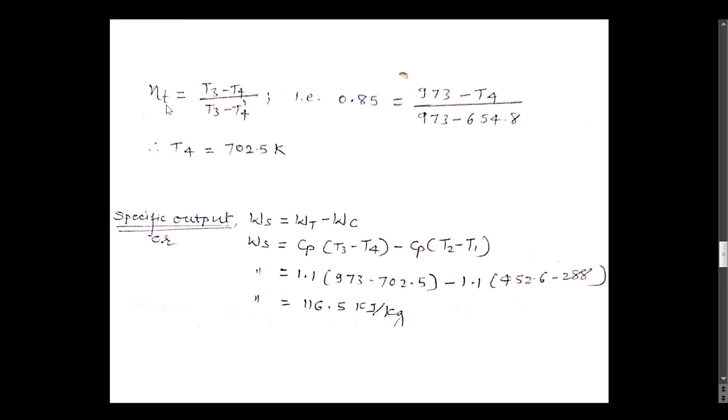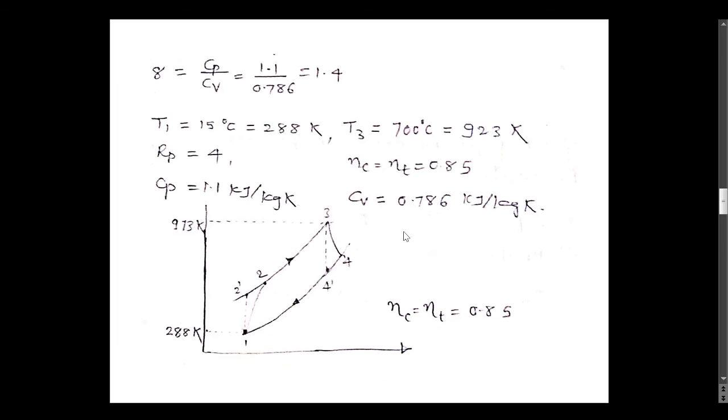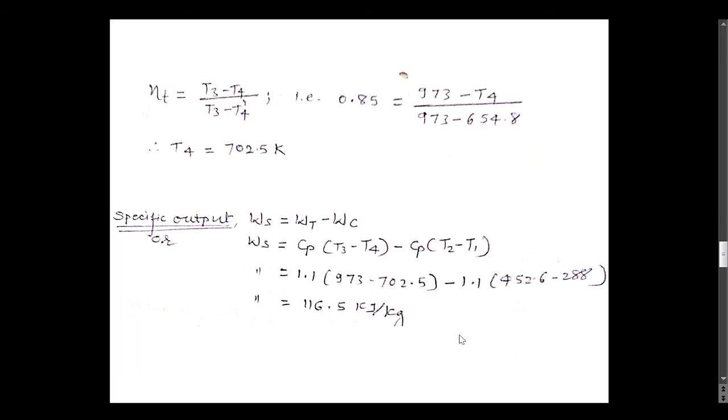Now the isentropic efficiency of the turbine is equal to the actual temperature drop, T3 minus T4, which is the smaller quantity, divided by the maximum temperature drop, that is T3 minus T4 dash. By keeping these values here, we found T4 is equal to 702.5 Kelvin.